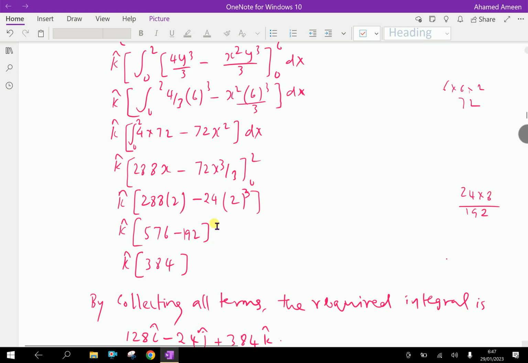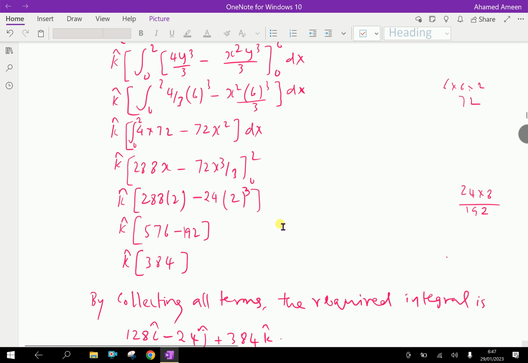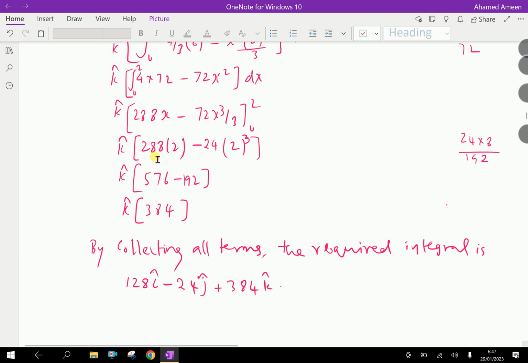After simplification, 288 into 2 is 576, minus 192, which gives finally the k vector 384.